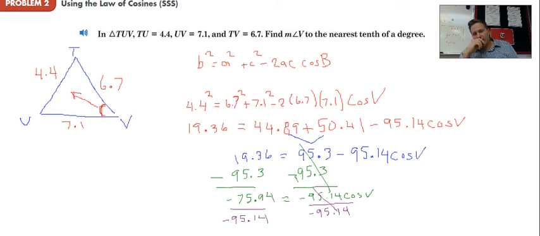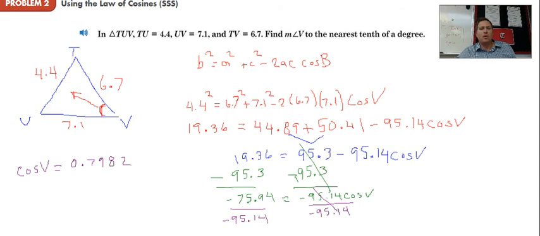I put 75.94 divided by 95.14 into my calculator, and this gives me a long decimal. The cosine of V is going to equal 0.7982, and let's just round this to 4 decimal places.